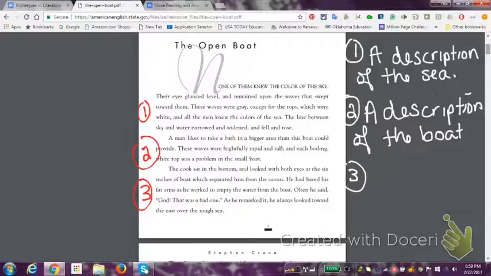Number 1 is going to be a description of the cook. I don't know if it's a description, but how about an introduction?